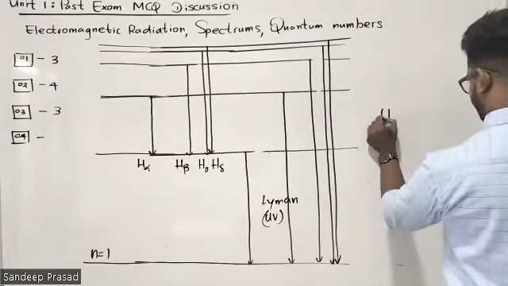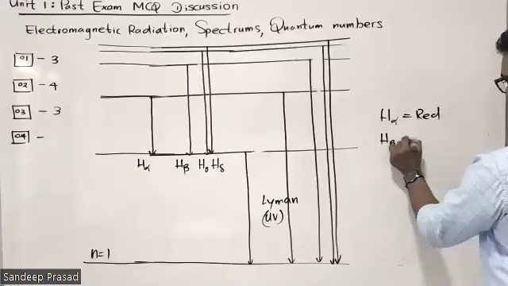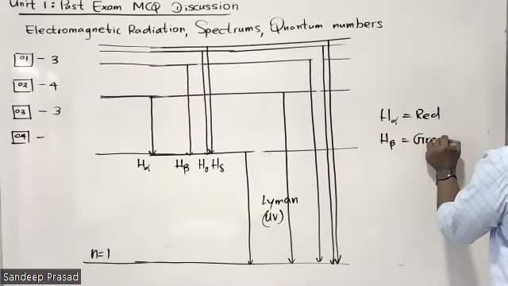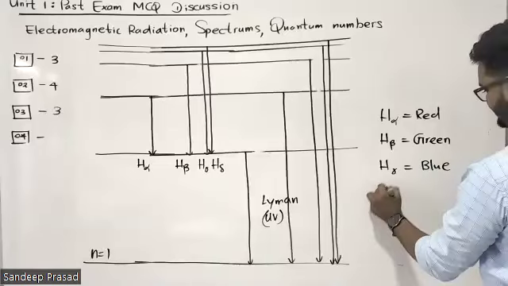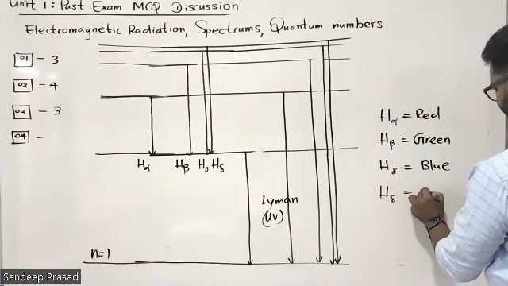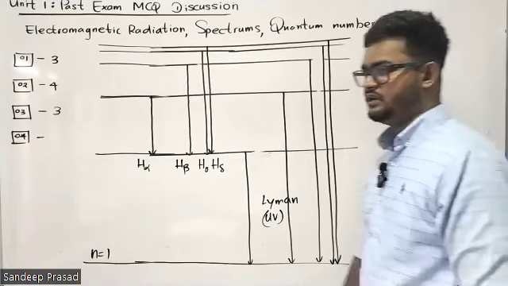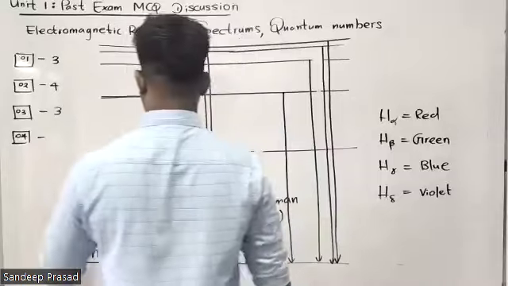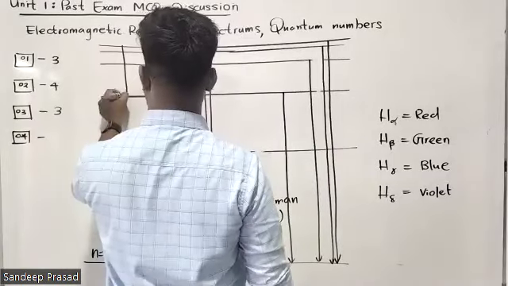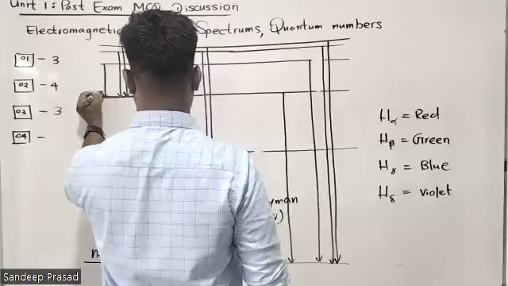So H alpha is red color, H beta is green color, H gamma is blue color, and H delta is purple or violet color. So therefore, these are the four lines that we can see with our naked eye in the atomic hydrogen emission spectrum. And then we have the Paschen series, all the electron transitions falling to the third principal energy level.